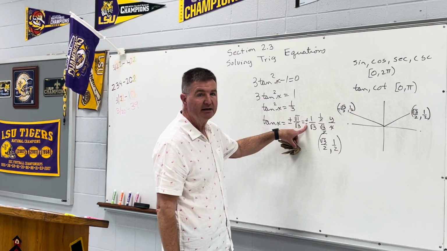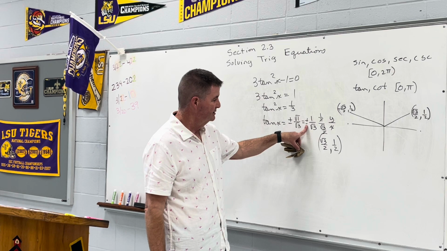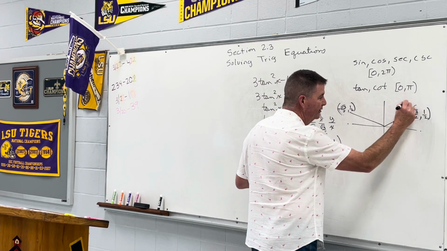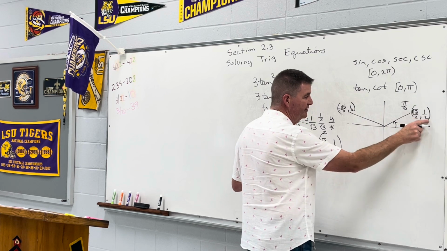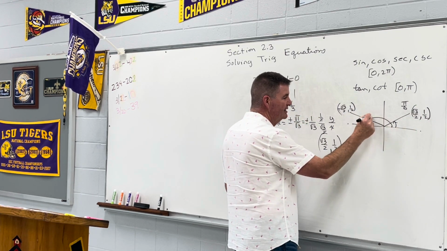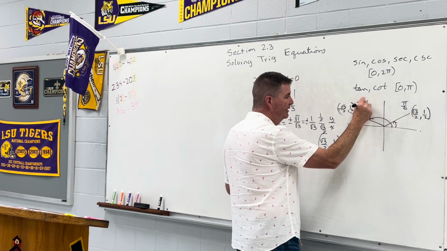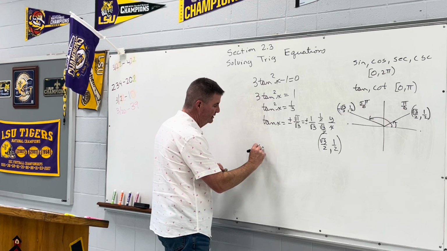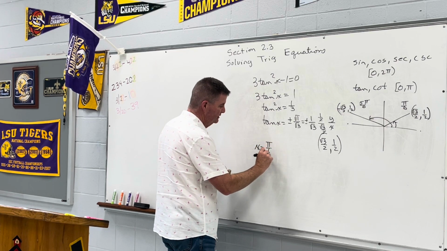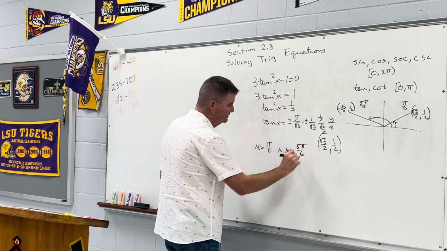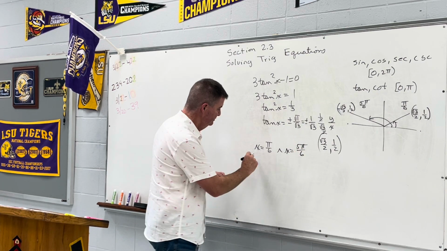But that's okay, because it says plus or minus. This angle in the first quadrant is pi over 6, because the x value is the larger of the two. And in the second quadrant, this angle becomes 5 pi over 6. So my answers would be x equals pi over 6 and x equals 5 pi over 6. That would be my answers.